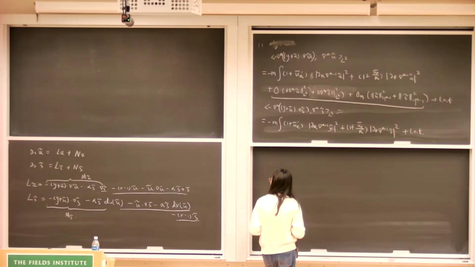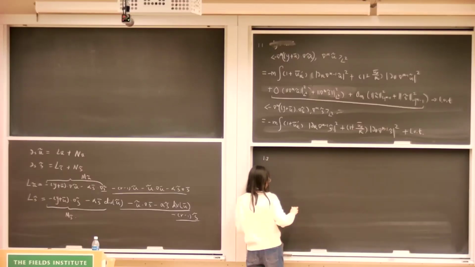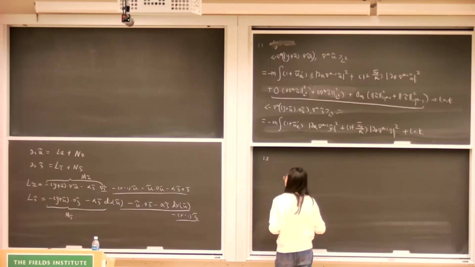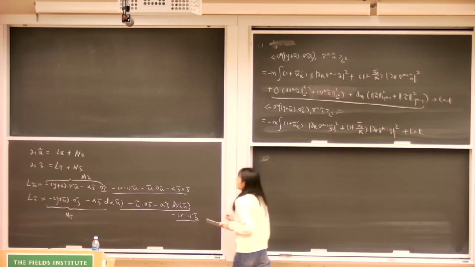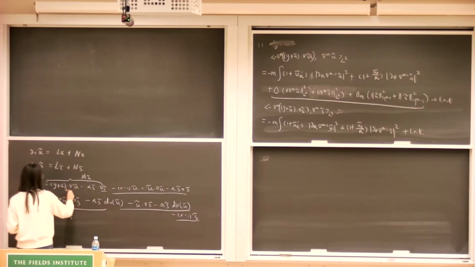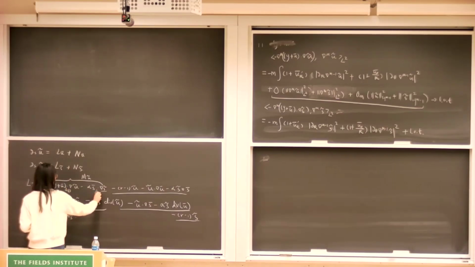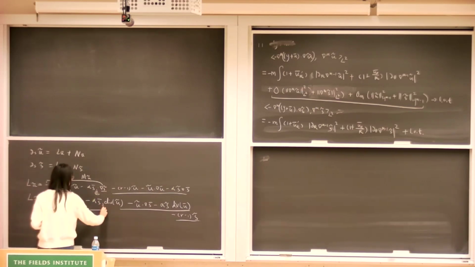So let's have 1.2. Or let's give it a name. So this is our 1, let's say. This is 2. This is 3, and this is 4.